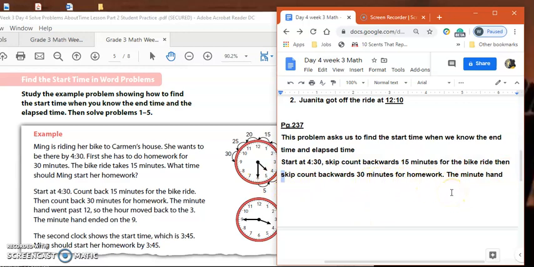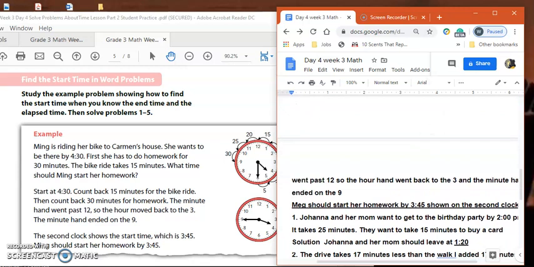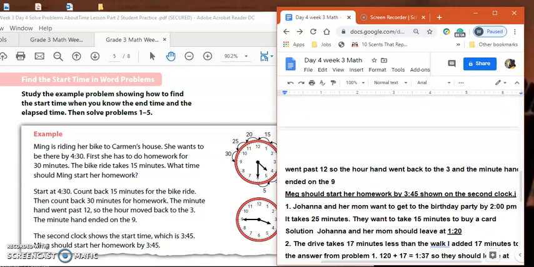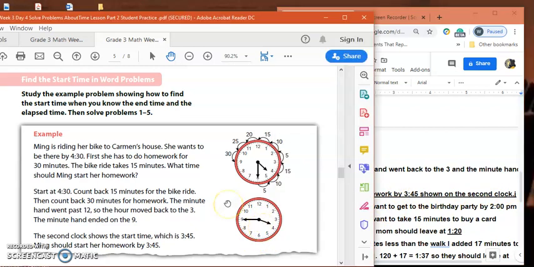And the minute hand went past the 12, so the hour hand went back to the 3, and the minute hand ended on the 9. So Ming should start her homework by 3:45 on the second clock. If you see right here, it's 3:45 on this clock.